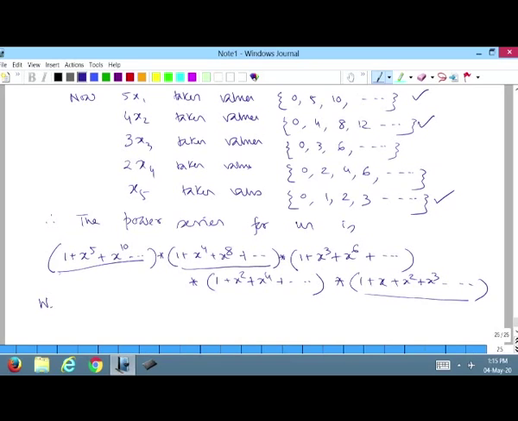We need to compute the coefficient of x to the power 5. Since x to the power 5 is what matters, we need not think of anything more than 5 in any of these power series.